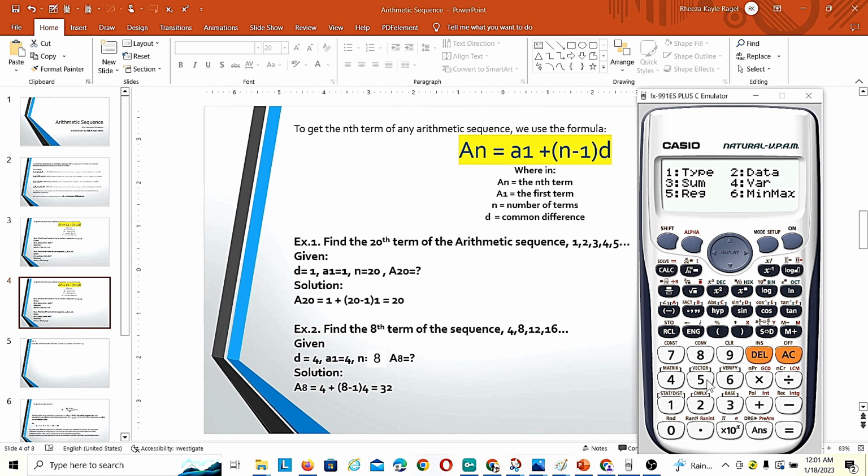So we have to press 5 and y hat. And we are asked to find for the 8th term. Press 8 and then press equals. You already have your answer, 32. The same answer that we are getting using the formula. So that is how you use the calculator in solving for the nth term.